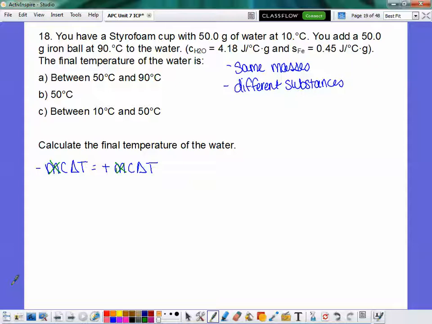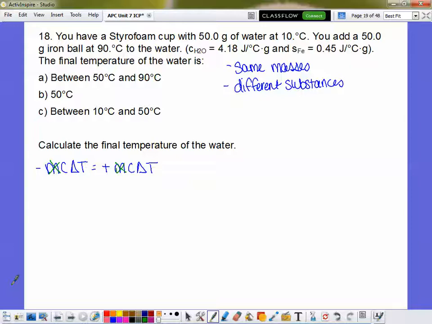It has 50 grams of water at 10 degrees Celsius, and we add a 50-gram iron ball at 90 degrees Celsius. The specific heat of water is 4.18, and the specific heat of iron is 0.45. S is specific heat, specifically for metals.